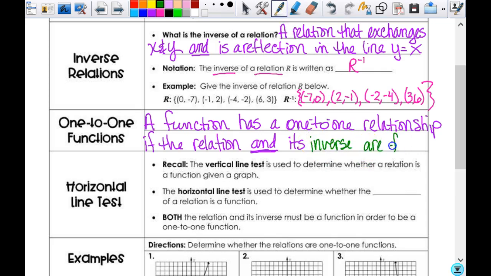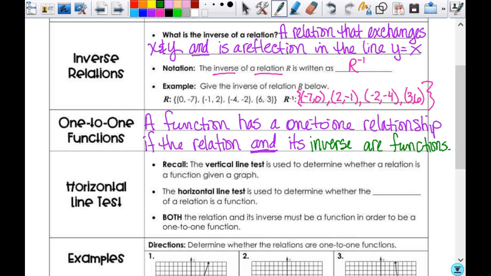That's what I was going for. Okay. So it's a one-to-one function if the graph itself is a function and the inverse is a function. So even if you have a function, not every function has an inverse that's also a function. It has an inverse, it just may not be a function.